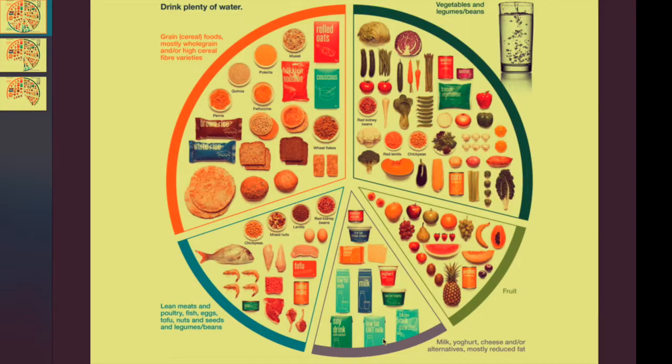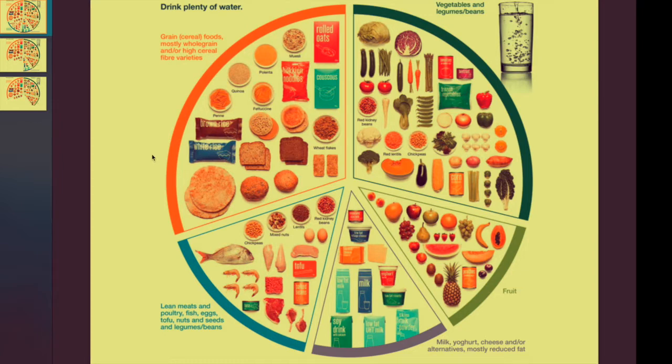Hi guys, welcome to the Australian Healthy Eating Guideline Food Pyramid or Food Pie. As you can see here, we have different foods from different food groups and a bit of a portion of how much we should eat for those different foods. Let's run through it. In the left section, we have grains and cereal foods.